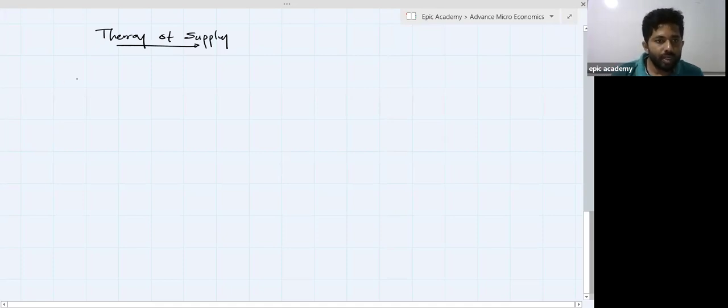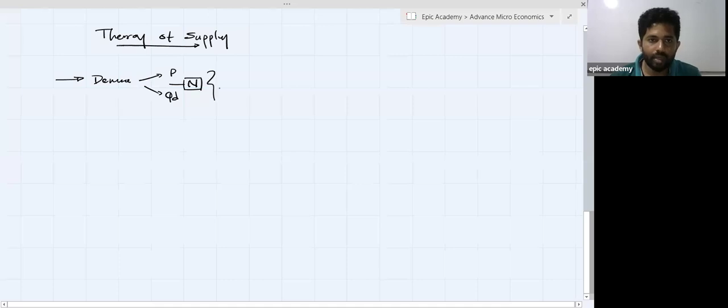So we already discussed the theory of demand and the law of demand. In demand, you identify that the relationship between price and quantity demanded is negative. It is represented by the law of demand.